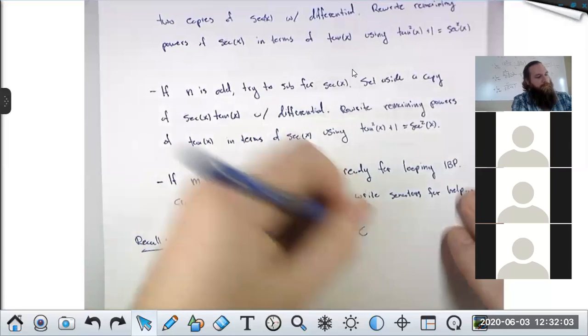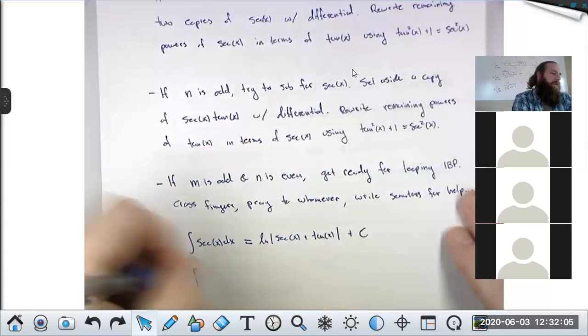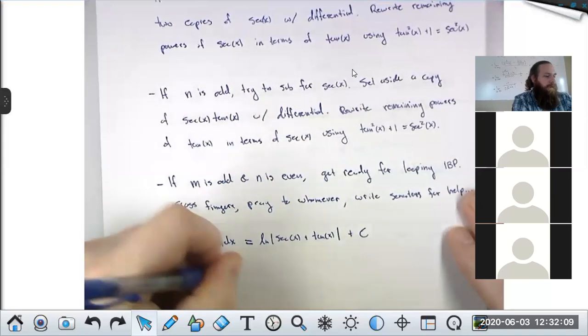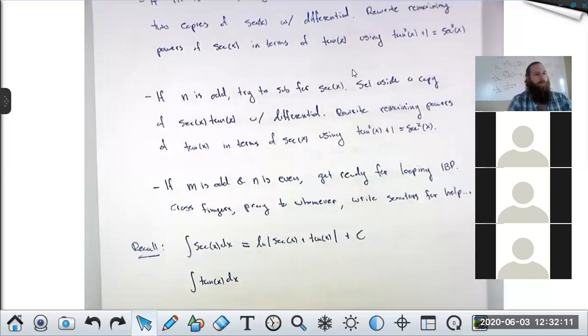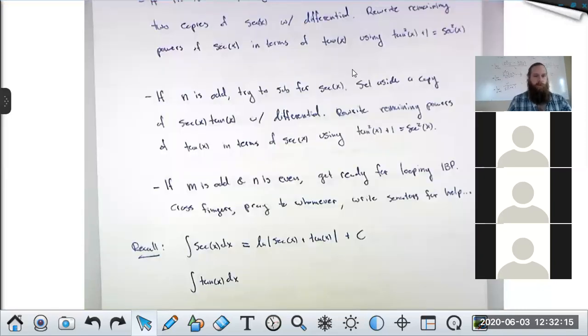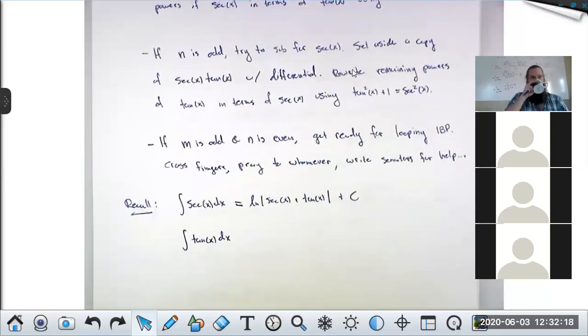plus a constant. Does anyone remember how to integrate the tangent function? This is a Calc 1 problem, but I think a lot of folks forget it. Not quite.